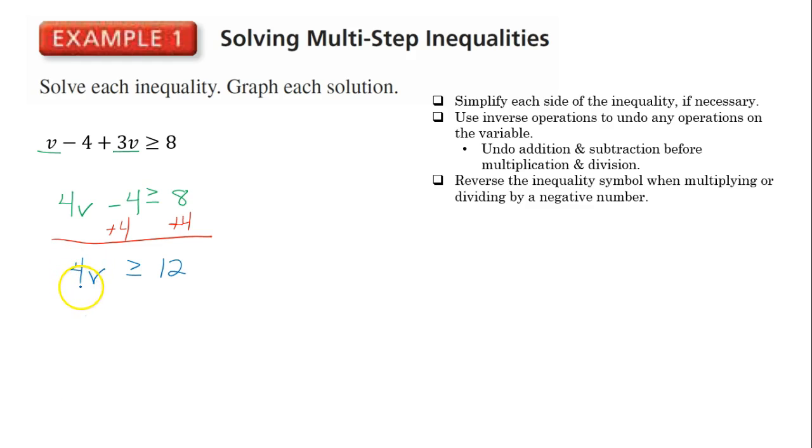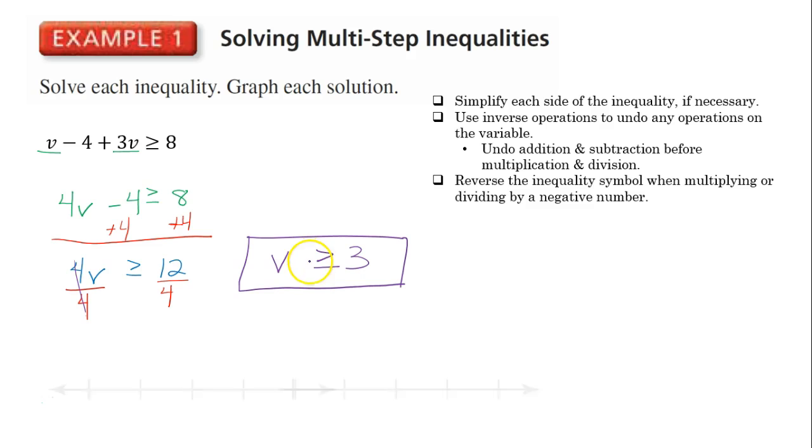So the opposite of times 4 is dividing by 4. So I end up getting v greater than or equal to 12 divided by 4, which is 3. And since the 4 I'm dividing by is positive, I don't have to change the inequality sign. So there is my solution written as an inequality.